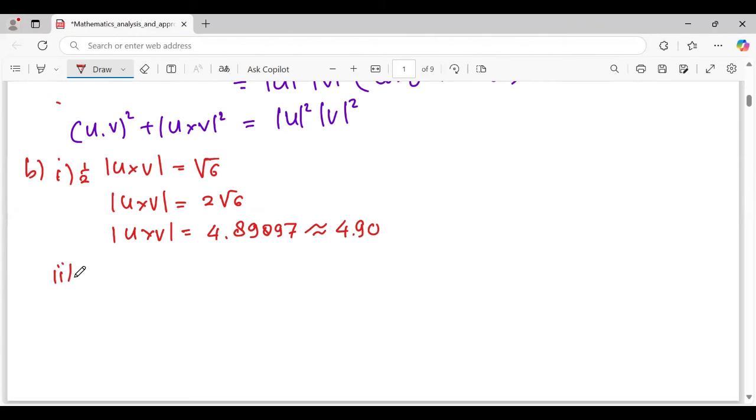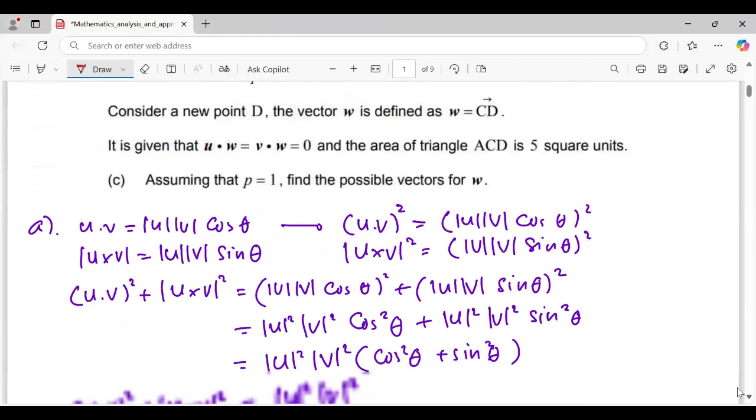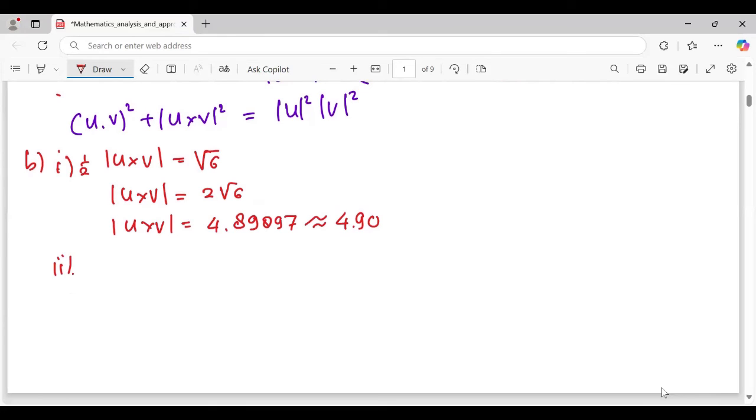Next, part 2. Hence or otherwise, find the value of modulus u. Based on the information that phi equals line segment AC, modulus phi is the square root of 3 squared plus 1 squared plus minus 1 squared.